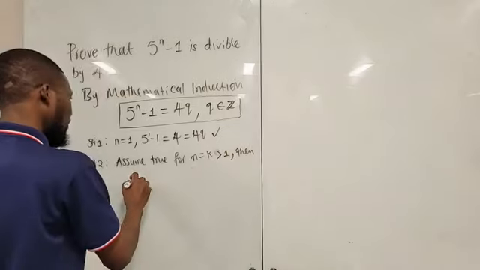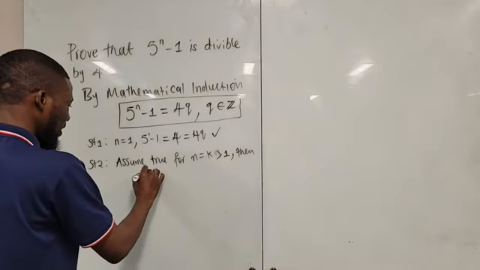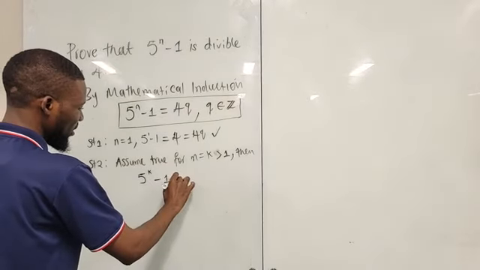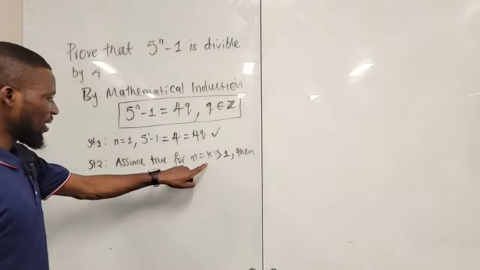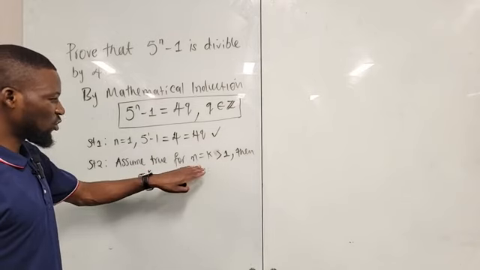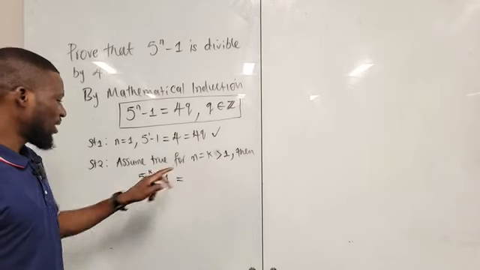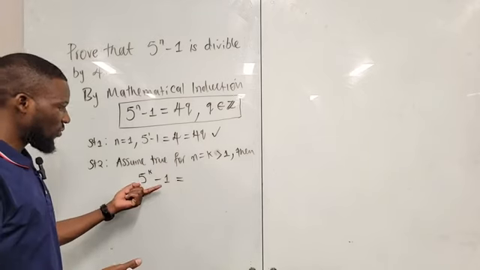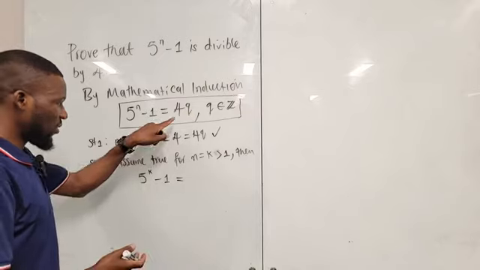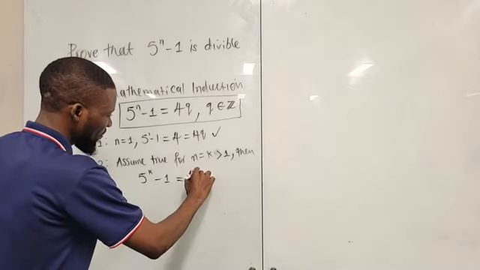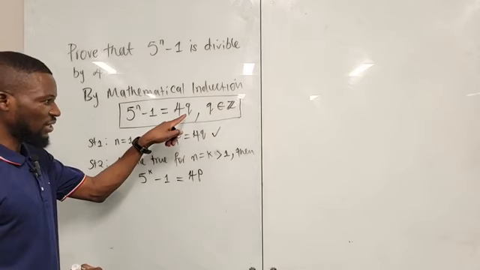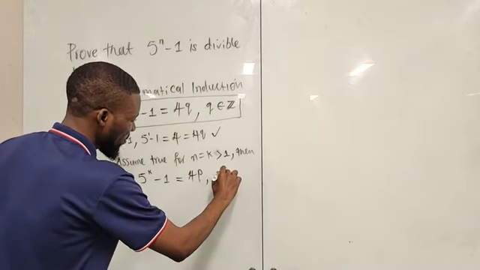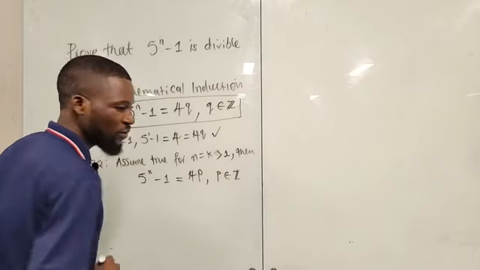Then we can write 5 to the power k minus 1 is equal to, so if this statement is true when n is equal to k, then that means this number is divisible by 4, so we can write it as follows. Let's write 4 multiplied by p. I reserve q for a later stage. So 4 multiplied by p, where p is an integer.